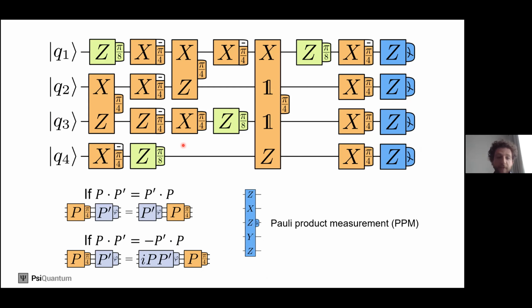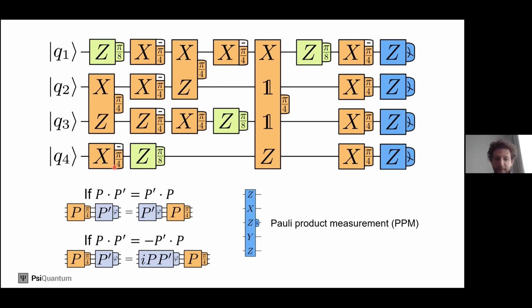First thing you can do is get rid of all the orange boxes by commuting them to the end of the circuit. The reason you can do that is because pi over 4 rotations are Clifford gates. Clifford gates just map Paulis onto other Paulis. And there are a few very simple rules that allow you to move a pi over 4 rotation past another rotation. You just need to check whether the two operators commute or not. If they commute, then you can just move it past the other box. If they don't, then you need to change the Pauli in the box by multiplying these Paulis together.